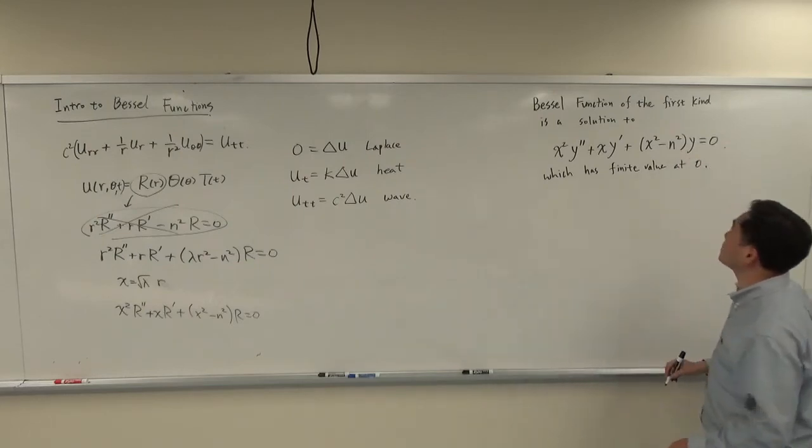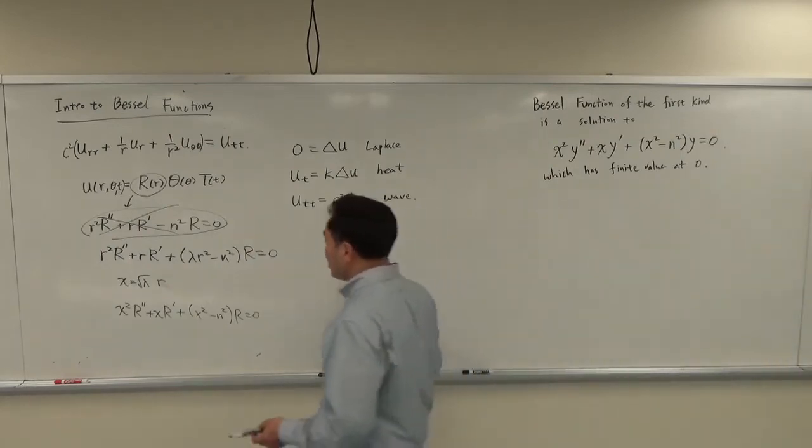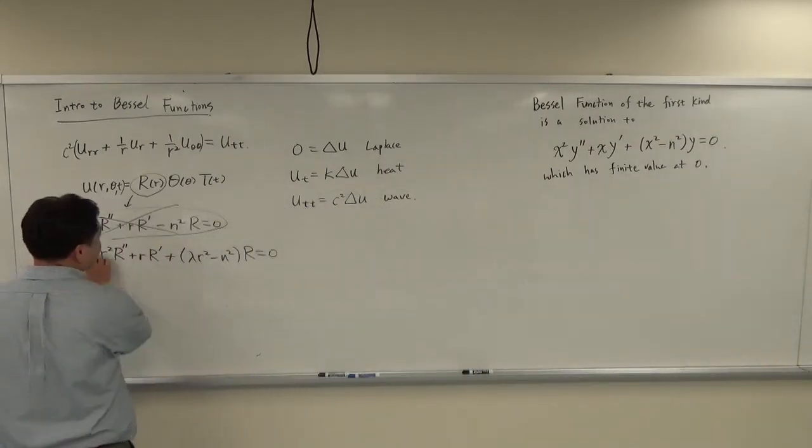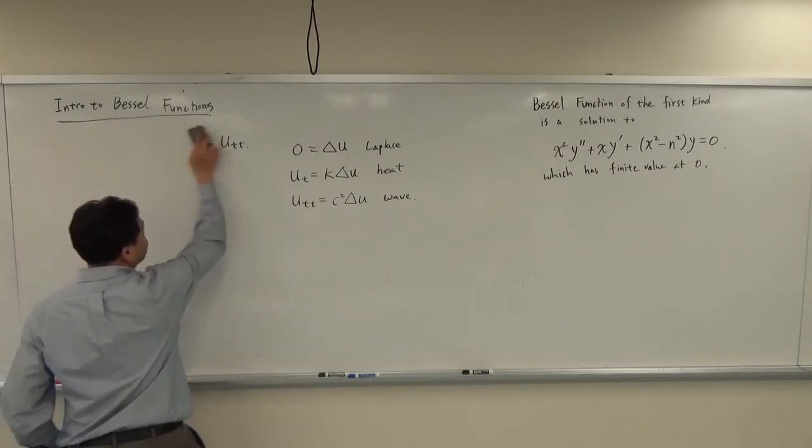Okay. And then there's another one that blows up at 0 that's called Bessel function of the second kind. Okay. All right. So that's basically where the Bessel functions come in from.